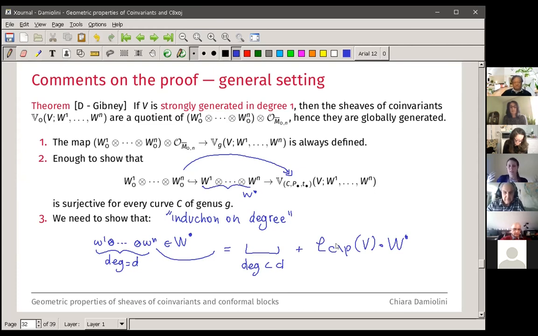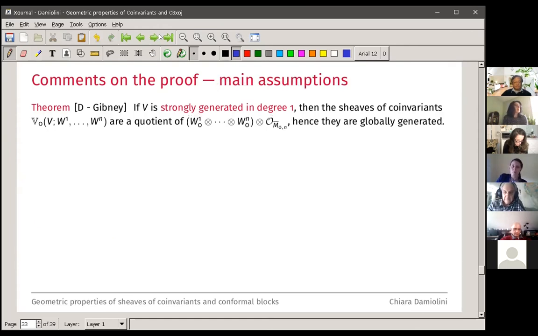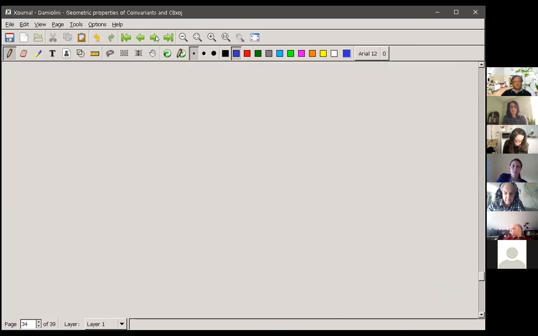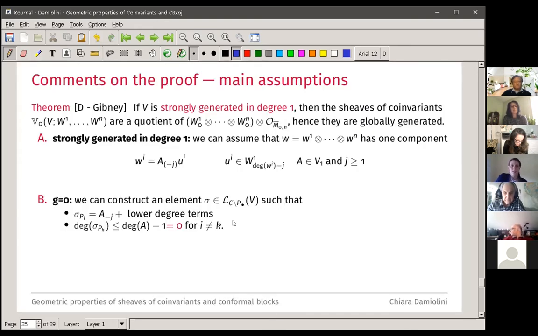Right, so we would like to do this. And to do this step, this is where we use both conditions: being strongly generated in degree 1 and genus 0. On the slides, let me have both together, since I don't have that much time. The fact that the vertex algebra is strongly generated in degree 1 tells us that if I start with an element of a certain degree, I want to write it as an element of lower degree, plus something that was sent to 0 in the coinvariants.